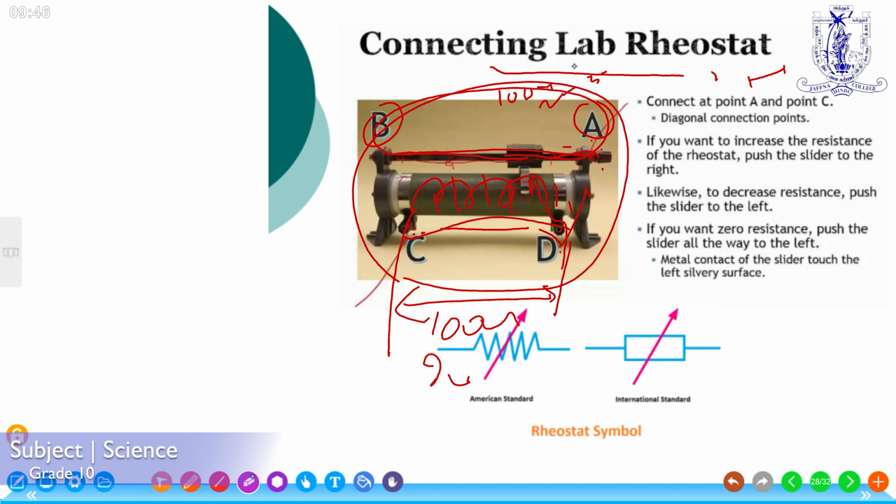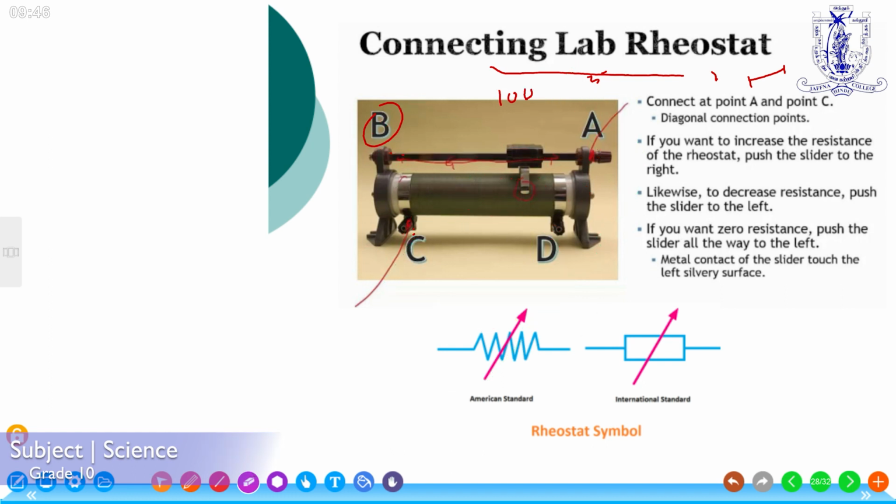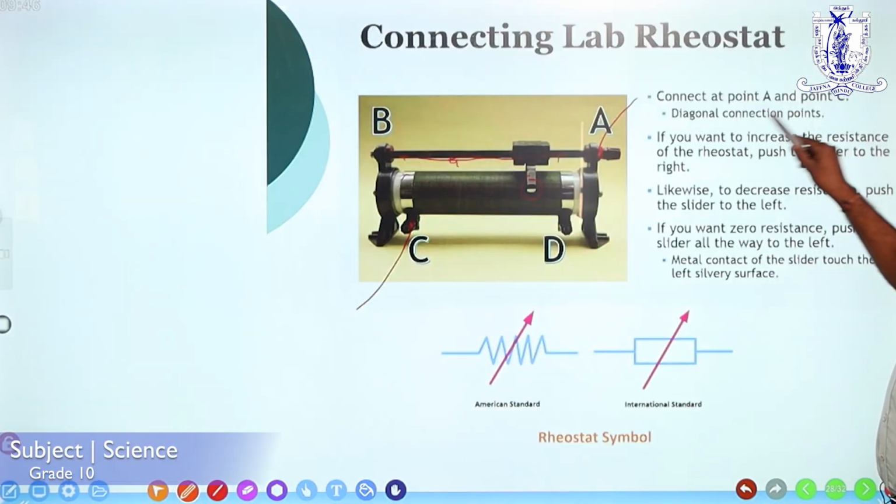Sometimes the voltage changes and sometimes the current changes. Here the resistance is changed, and the voltage and amperes, meaning the current, also vary. Connect points A and C, the diagonal connection.